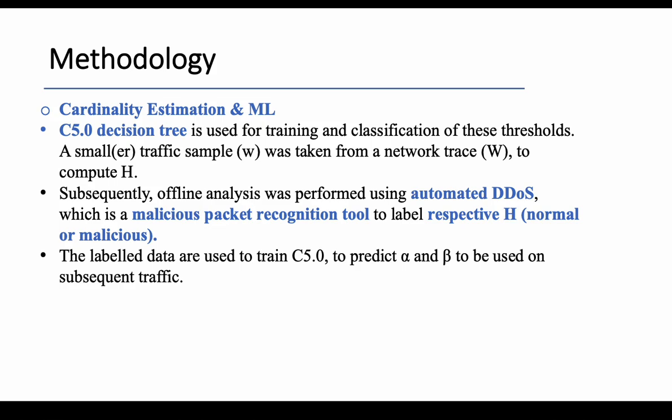A smaller traffic sample W is taken from a network trace to compute H. And subsequently, we use offline analysis using automated DDoS, which is a malicious packet recognition tool, to label the respective H, normal or malicious. And the label data is afterwards used to train C5 to predict alpha and beta to be used for subsequent traffic analysis.